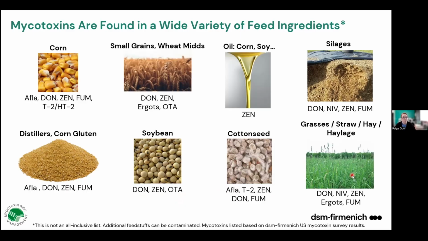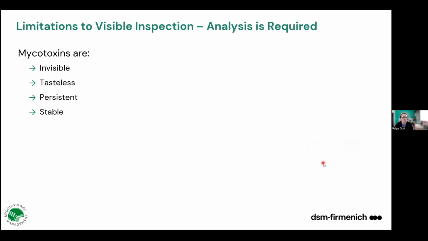Generally, I think most people realize the risk on the grain side, but we do see contamination in the forage side as well, whether that's grasses standing in pasture, straw, hay, or haylage, and those preserved forages can be a source of contamination as well. So don't overlook the potential in silages and other forages that we feed.